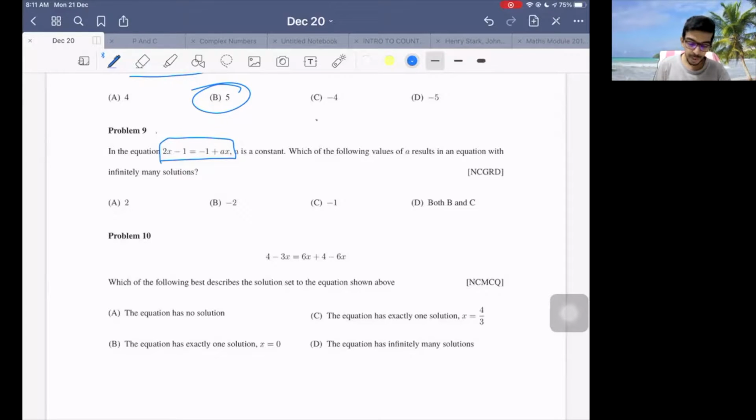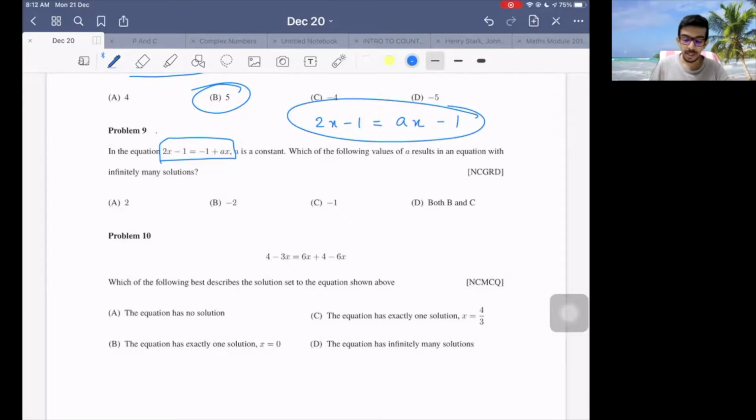So we need to have 2x minus 1 is equal to ax minus 1. These expressions should be identical on both sides. So it is very obvious, an immediate observation, that a has to be equal to 2, so that the equation will have infinitely many solutions. All right.